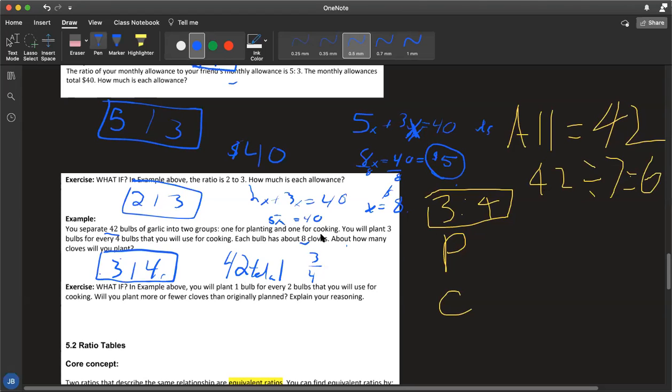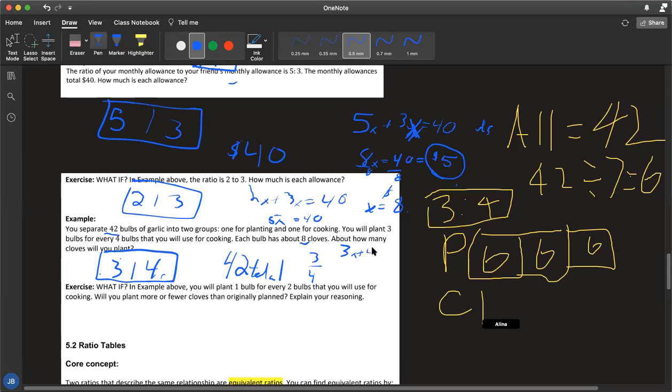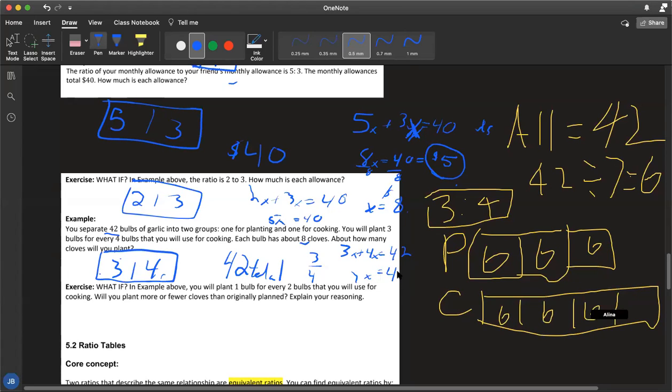A little. Okay, so Brian said there's a 3 to 4 ratio, right? And just like we did up top, we can say 3x plus 4x is equal to 42, right? Because we're going to have the same number of bulbs. So we can say 7x is equal to 42. And so like Brian said, x equals 6, because 42 divided by 7 is 6.